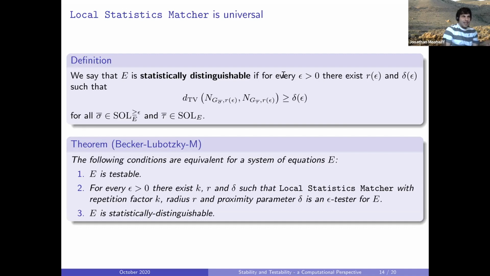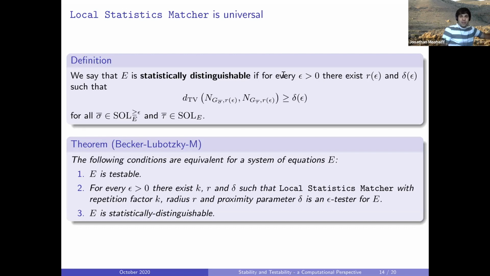In other words, we have this nice non-algorithmic notion of being statistically distinguishable, and on one hand, it's not very hard to see that the local statistics matcher, because what it does is basically just check whether the distribution of balls is close to that of a solution. It's not very hard to be convinced, even if you don't see the exact proof in your head right now, that being statistically distinguishable is a sufficient condition for the local statistics matcher algorithm to work.